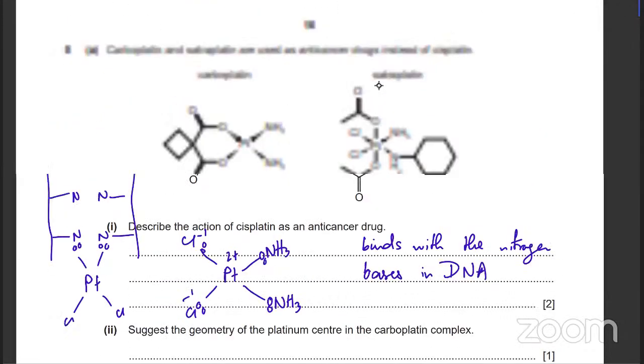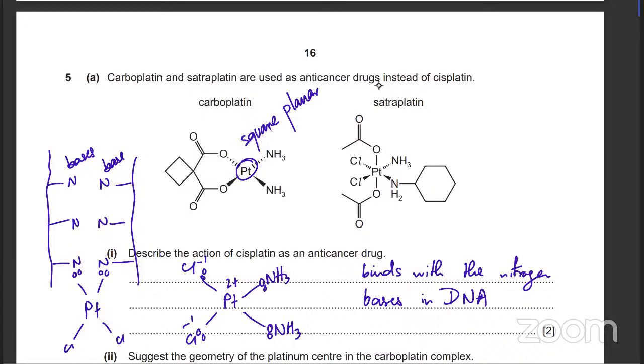So what is carboplatin? A reason it can't show cis and trans is that you can't put NH3 over here because the molecule is a bidentate ligand, and you can't break a bidentate ligand. What is geometric cis-trans isomerism?